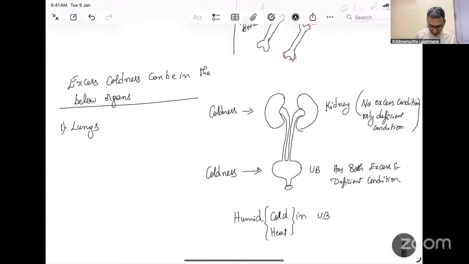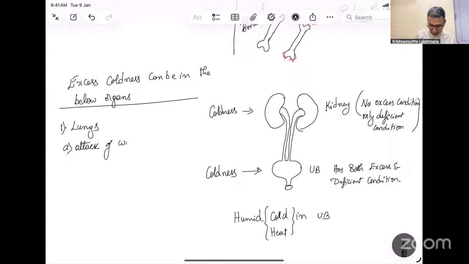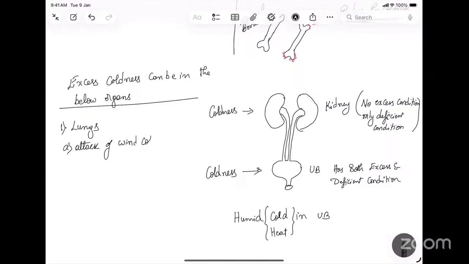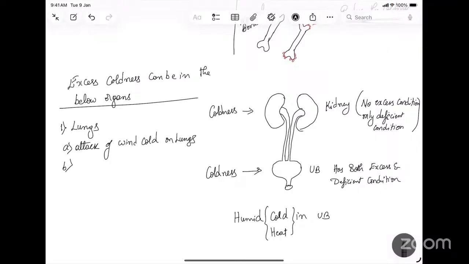Attack of wind cold. Wind cold on lungs. And what else? Attack of external wind cold and dampness on lungs.